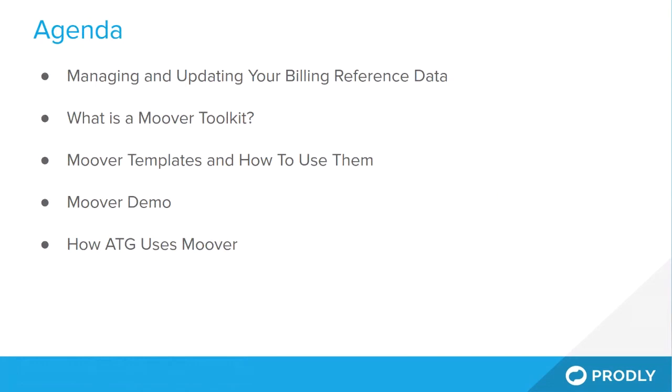And then we're going to introduce Moover to you, because billing, like CPQ and advanced approvals, which I assume, if you have billing, you probably have the other quote to cash solutions as well, because they're kind of required. All of that data stores as reference data, which simply means configuration data that is stored as record data instead of metadata.